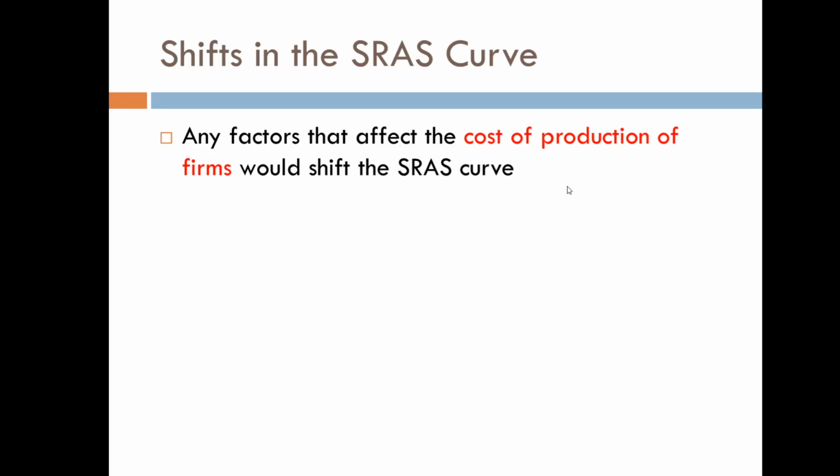So any factors which will directly affect the cost of production of general firms? Any factors?